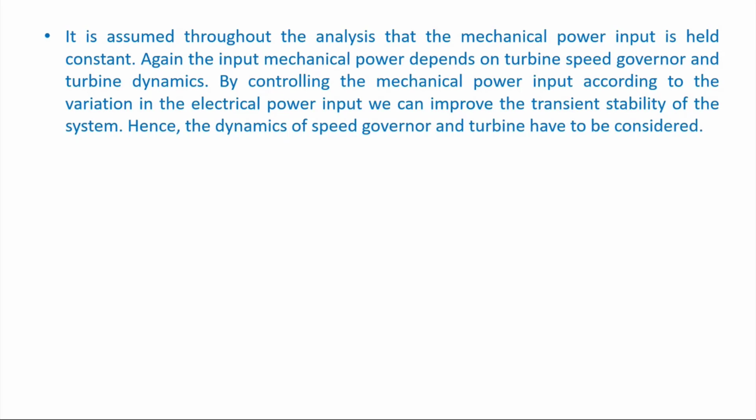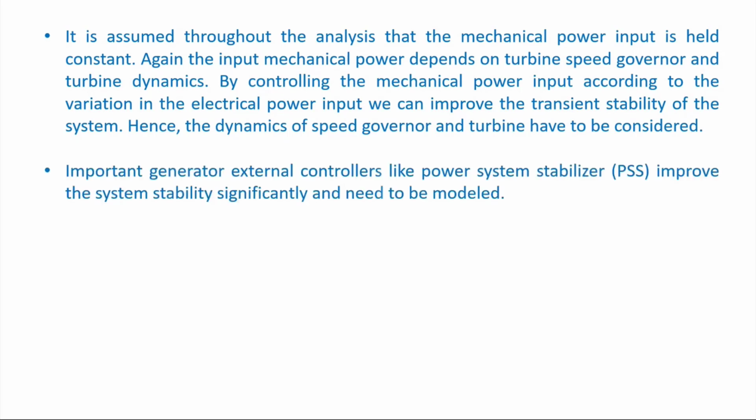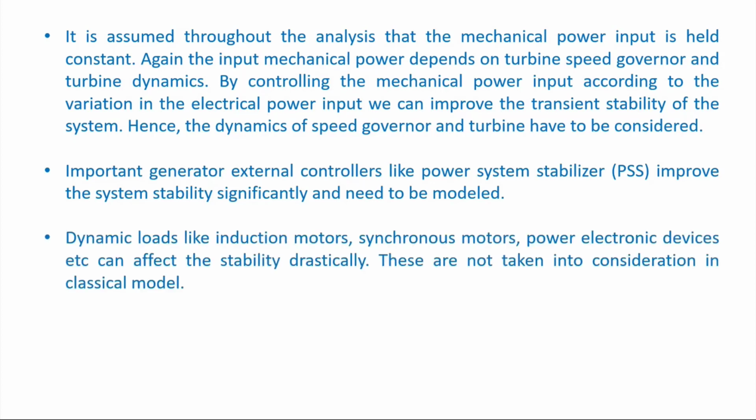Hence, the dynamics of the speed governor and turbine have to be considered. So, important generator external controllers like power system stabilizers, that improve the system stability significantly, need to be modeled and used in the system. So it will be very elaborately discussed in your future classes.